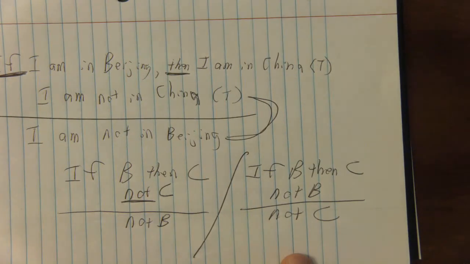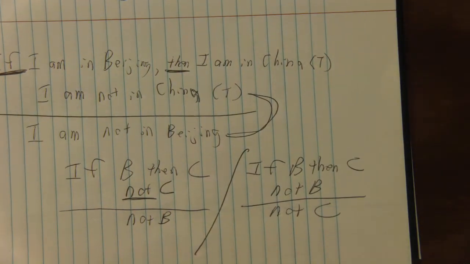This form is invalid. I will leave it to you, but see if you can come up with a counterexample that shows that that's invalid. What should you be looking for? Something that clearly makes the first premise true, clearly makes the second premise true, but clearly makes the conclusion false. If you want to pause it here and think of one, go for it.